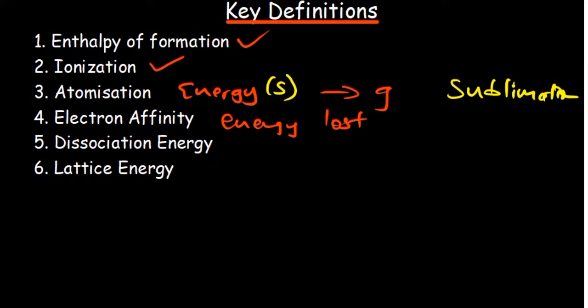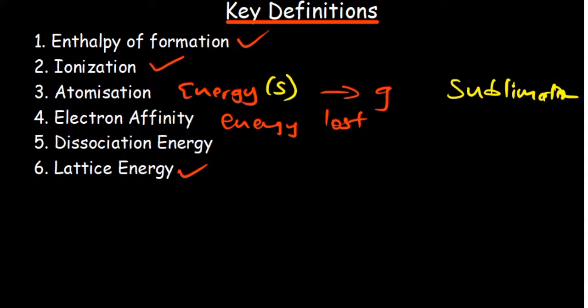And then we can also think of lattice energy, the last and most important one. Lattice energy is the amount of energy associated with the formation of an ionic compound from the elements in their gaseous states.